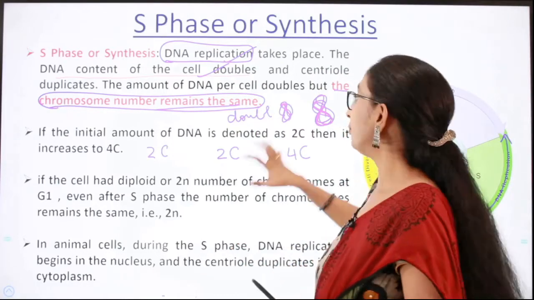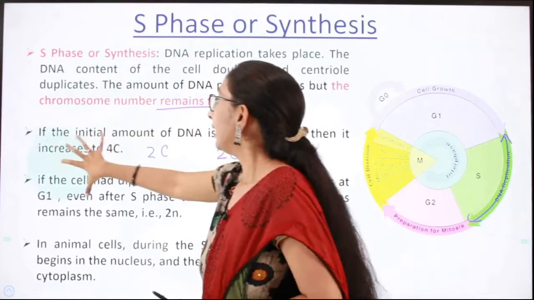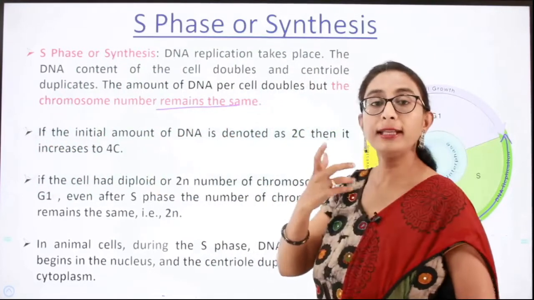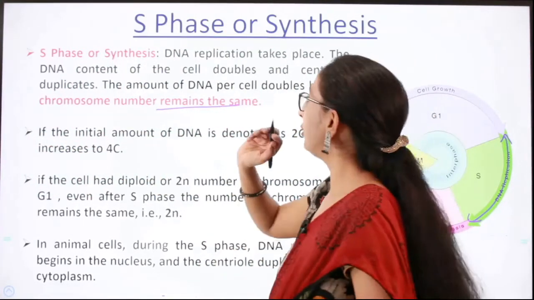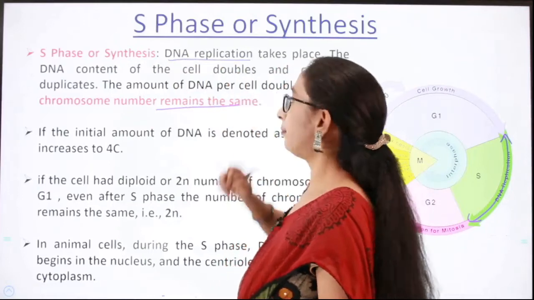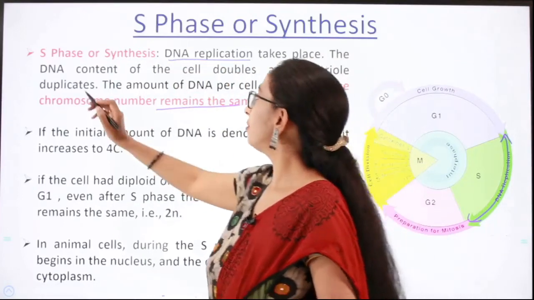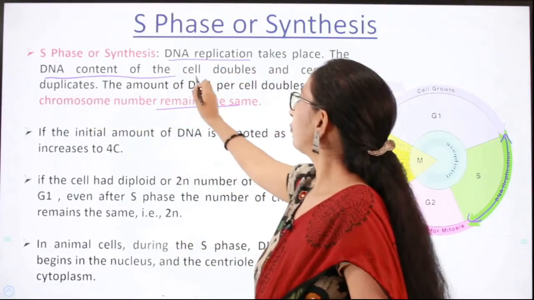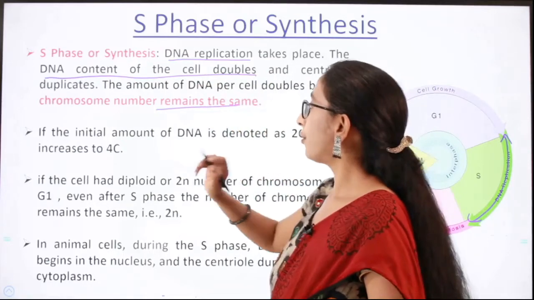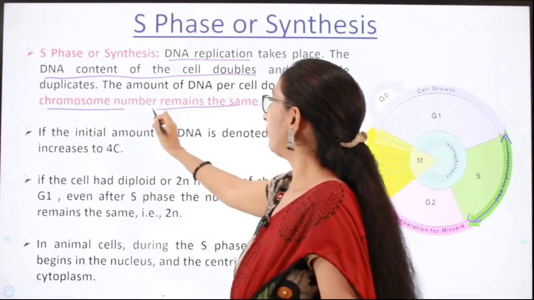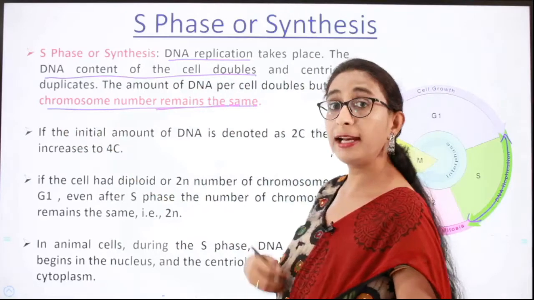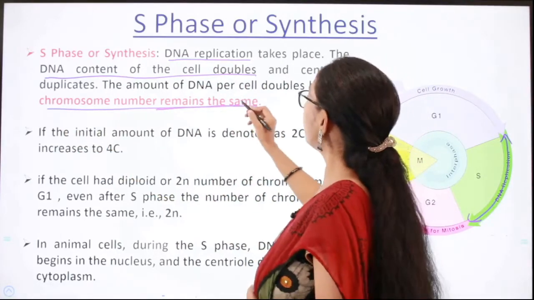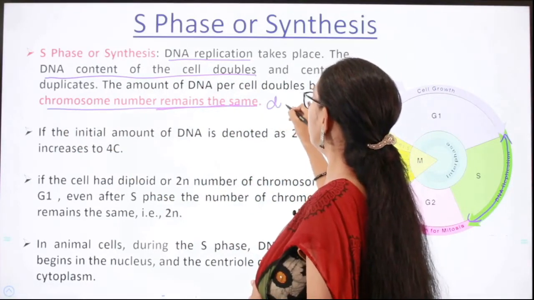Or they might ask you a question like, in the S phase what are the activities which take place? The first option will be DNA replication, the second option will be the DNA content of the cell doubles, the third option will be the chromosome number remains the same, and the fourth option will be the chromosome number becomes double.